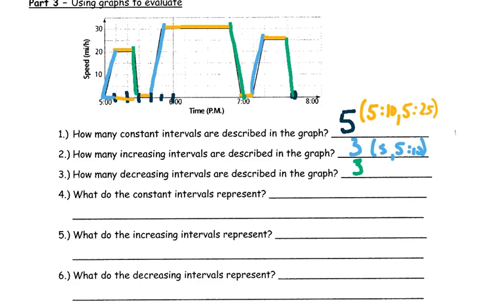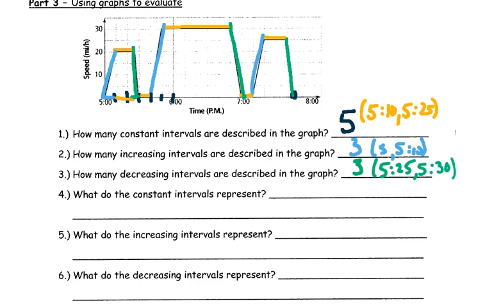And then from about 5:25 to 5:30, this interval in there is decreasing. All right, so we're not going to go through all of those, but I just wanted to give you an idea of what we're talking about when we're talking about the intervals.